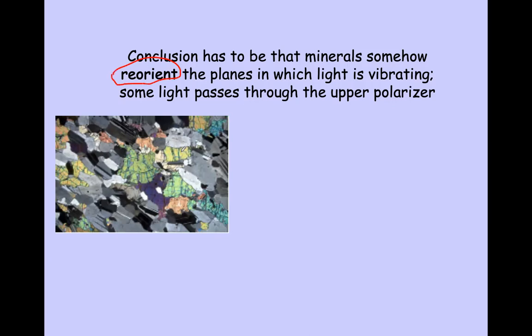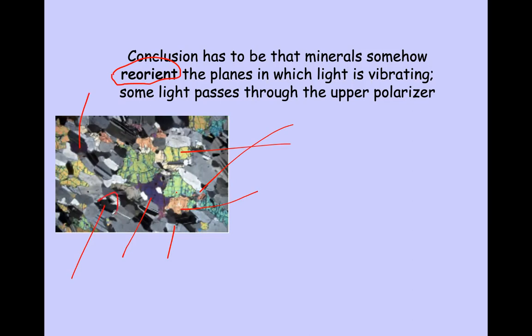Those which can reorient light will show various colors like these, say orange, purple, white, gray. But there are some minerals which cannot reorient the light. Such minerals will give black colors. If you can't reorient the light, you don't get light out of that mineral.